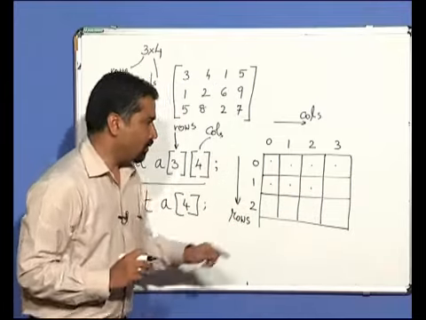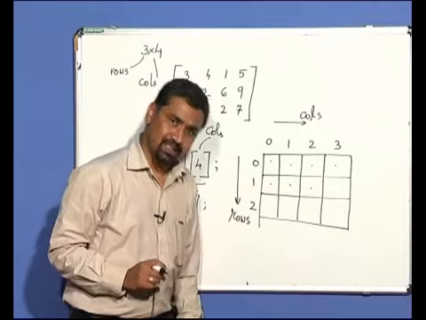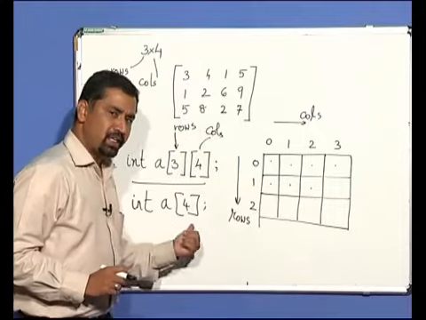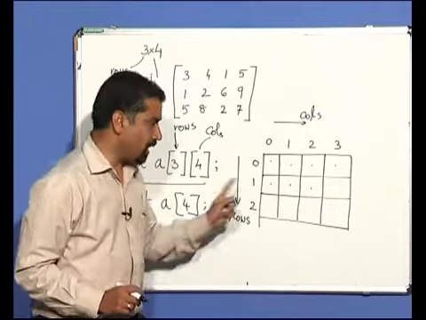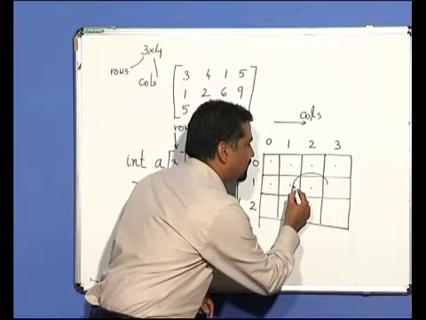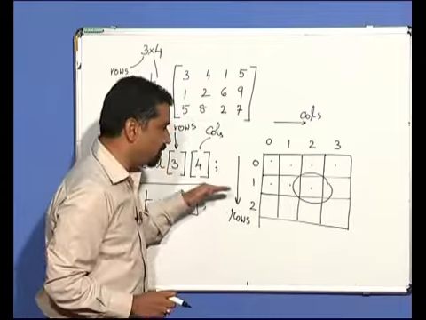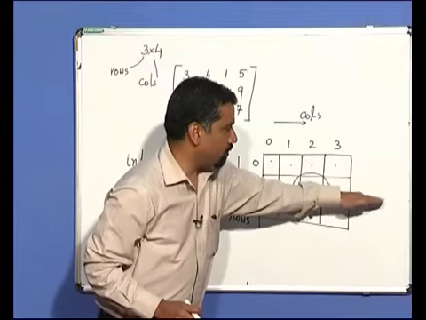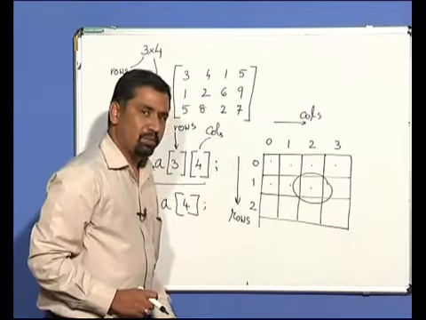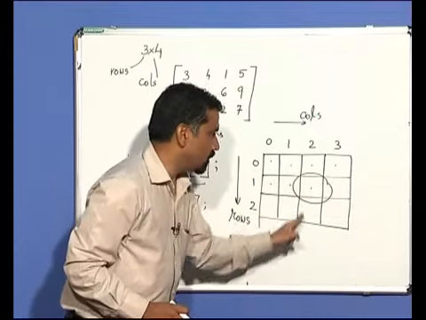Now, as all of you know, how do we address the individual cells? Earlier in the one-dimensional case, one index was sufficient. But now, if I want to address this cell, that has to be specified with the intersection of the row number and the column number. That is row 1, column 2.